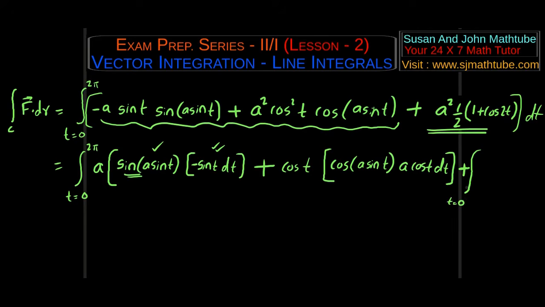So the integral from t equal to 0 to 2 pi of a square by 2 into 1 plus cos 2t dt.